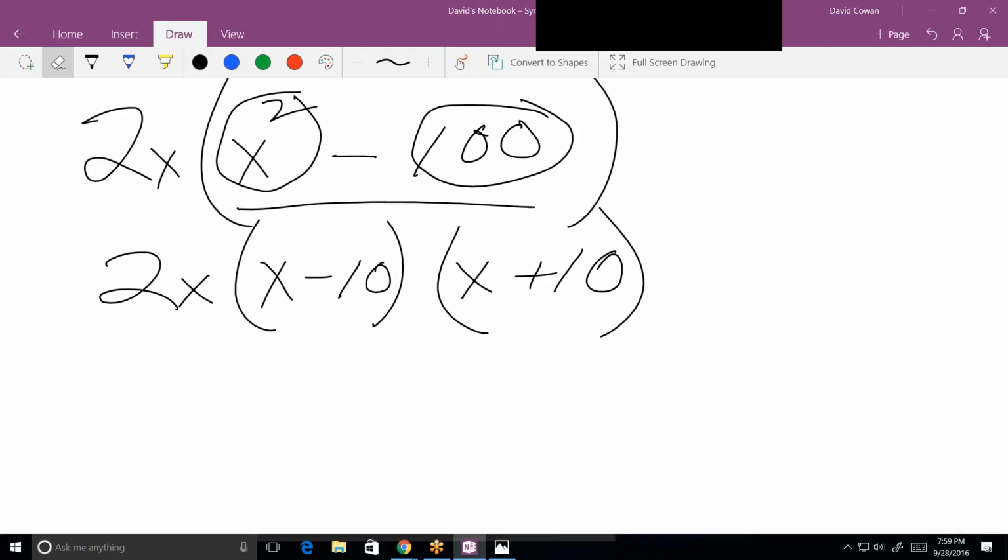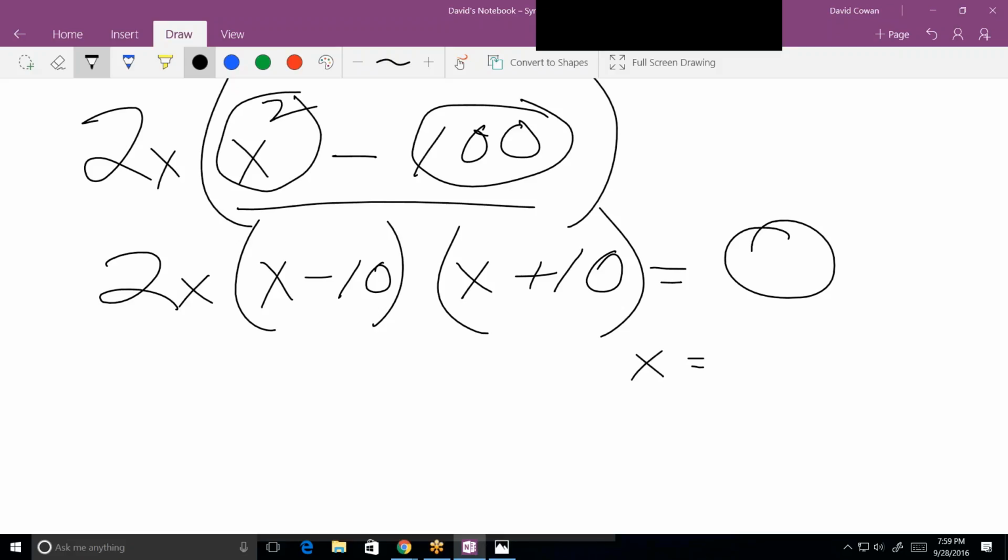You have factored it. Whenever you factor it and you have nothing but linear terms left, you have factored it all the way down. Now, last question. If I set that equal to 0, tell me what my solutions are. X minus 10 is equal to 0, then x plus 10 is equal to 0.